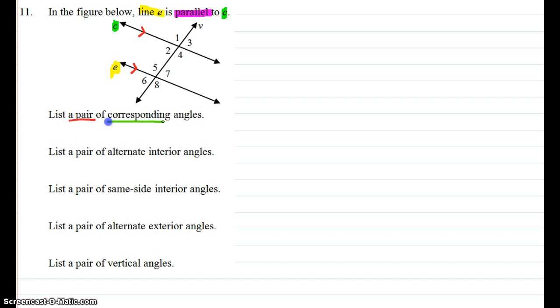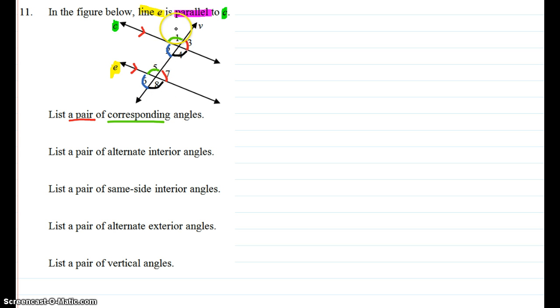So corresponding angles could be 1 and 5. It could also be 3 and 7. Could also be 2 and 6. And it could also have an answer of 4 with 8.